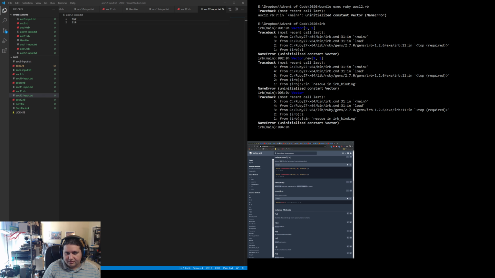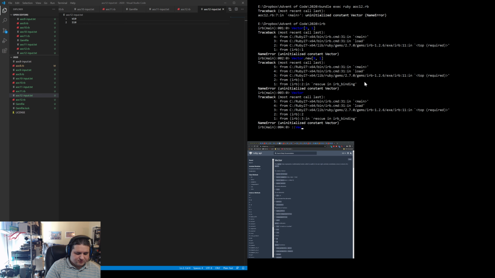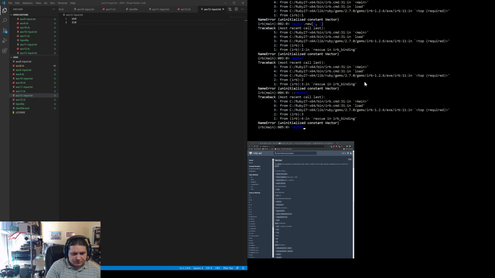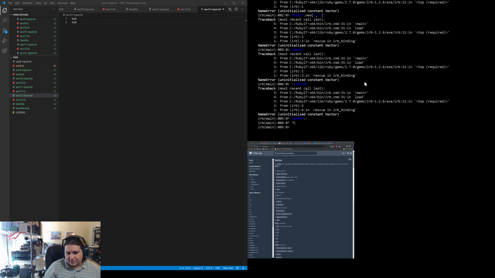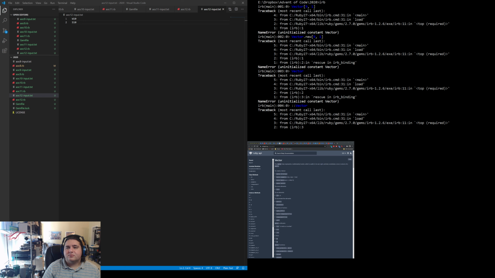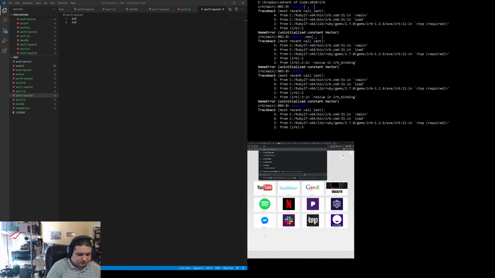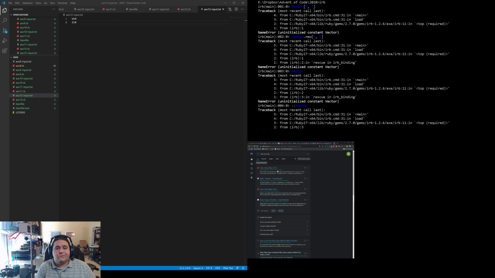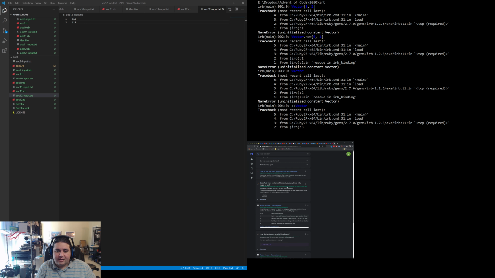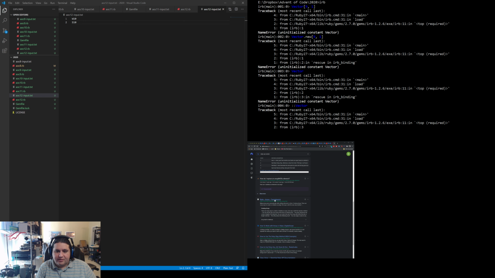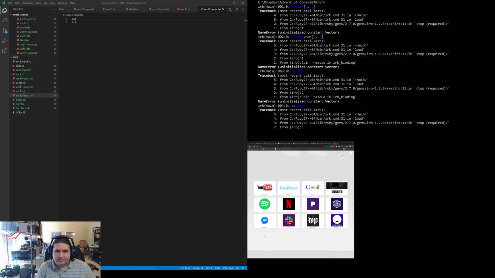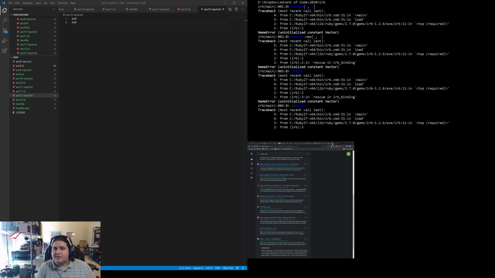Vector's just not a word. Colon vector? Vector colon? No. This is not anything particularly useful. Let's close down some of these tabs.